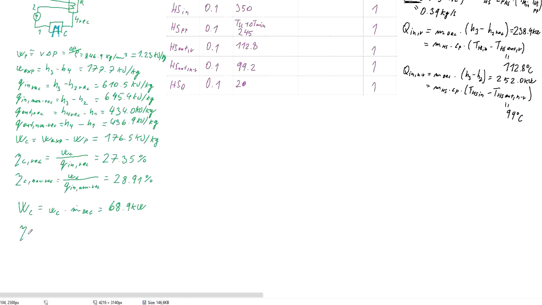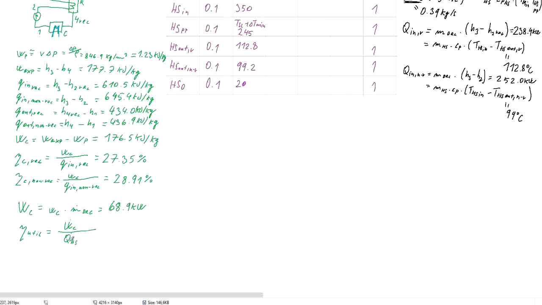And lastly, the utilization efficiency. It is work of the cycle divided by heat content of the heat source, where the work of the cycle is here.